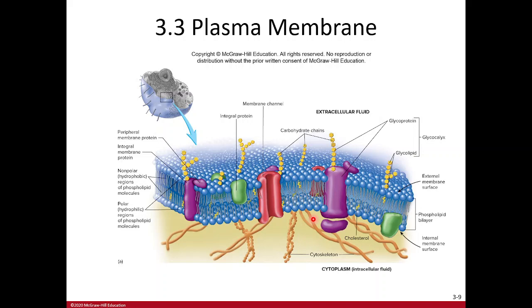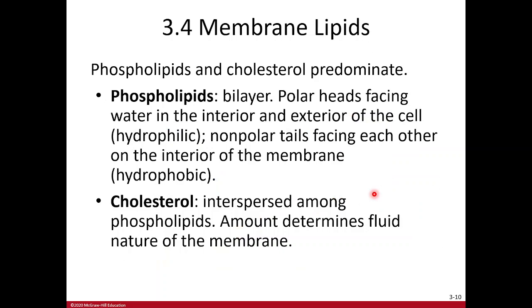And some of these proteins, or even these internal membrane surfaces, can be attached to proteins that are found within the cytoplasm of the cell that we call the cytoskeleton. Now, within this plasma membrane, you also have these molecules of cholesterol that help these phospholipids to be a little bit less flexible so that you don't have a flimsy plasma membrane.